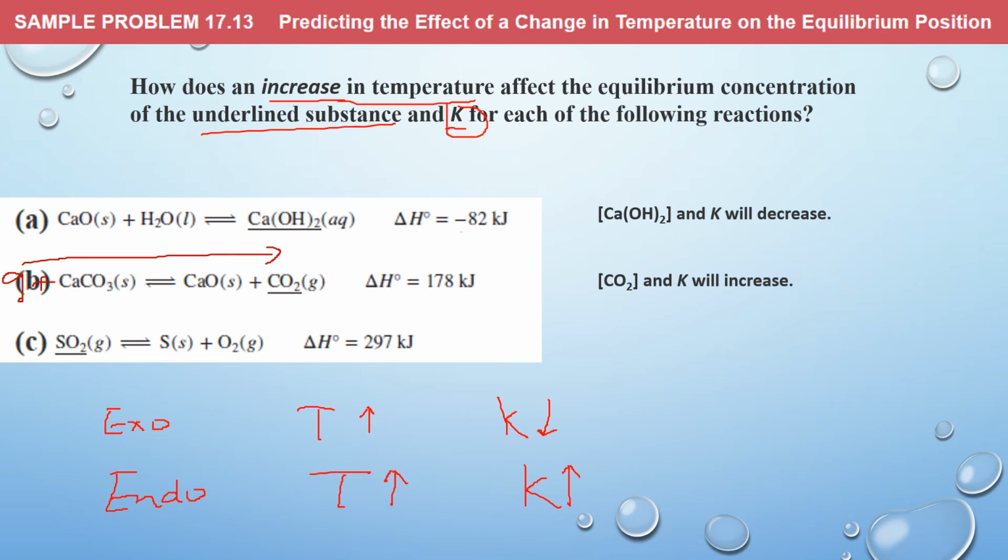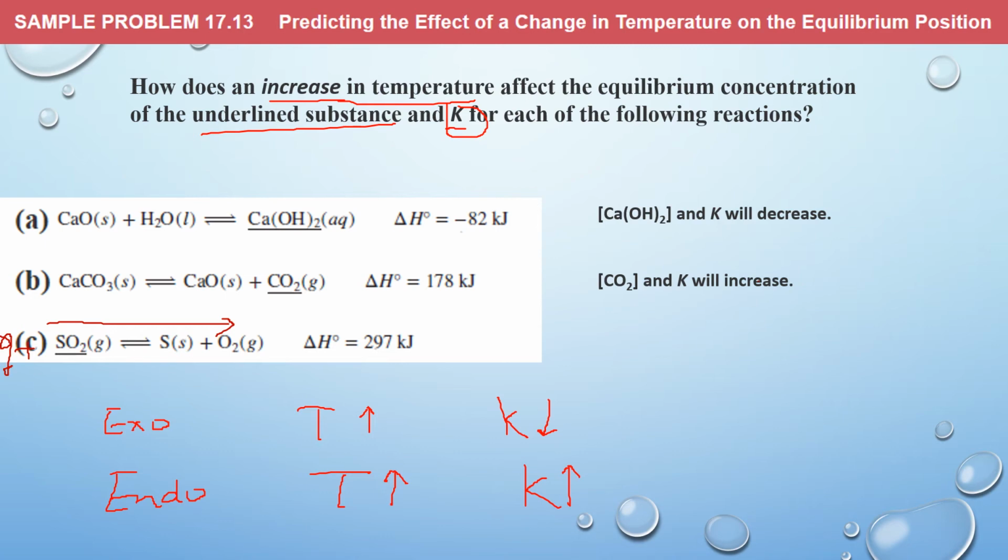For the third reaction, the underlying substance is sulfur dioxide, SO2, which is a reactant, and the delta H is also positive, so we put Q on the left hand side. By increasing the temperature, same as the second equation, we are moving the equilibrium to the right.